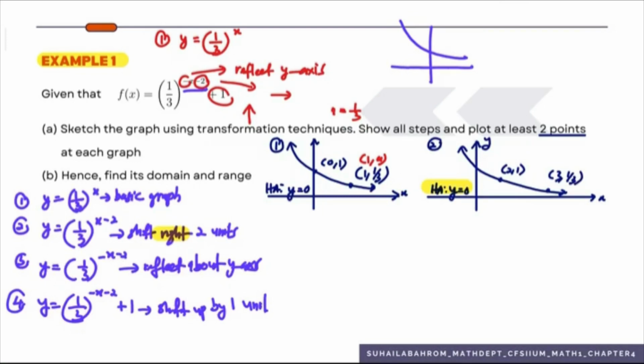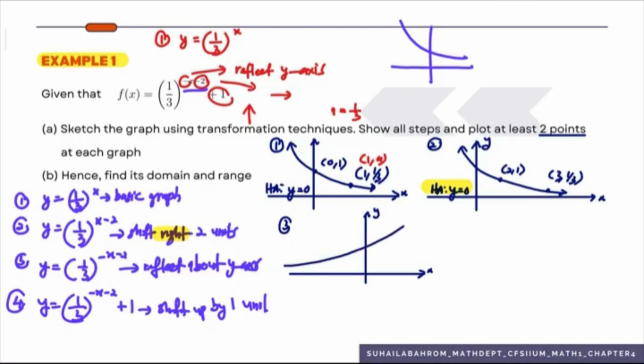And then on the next step, the transformation technique is reflect about y-axis. So when there is a reflection about the y-axis, the graph on the left will go to the right, and the graph on the right will move to the left. So let us draw the graph. We have here the axis, this is x, this is y.